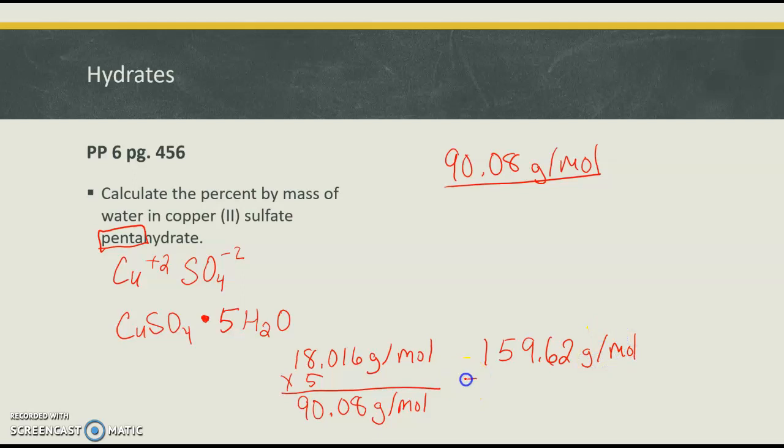We need to add the 90.08 that we found for our water to get the total amount for the hydrate. This will give us 249.7 grams per mole. This is our total hydrate mass, and it will go on the bottom.